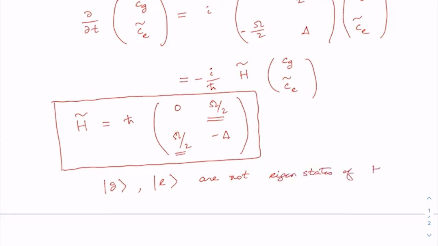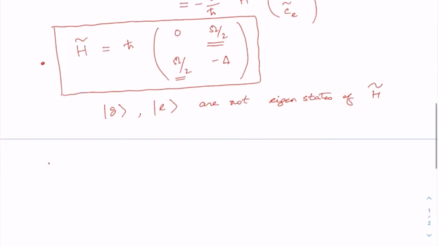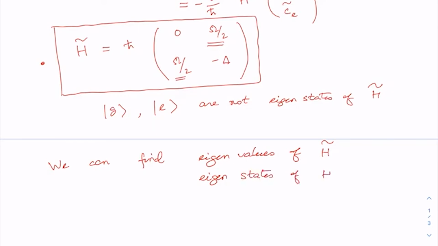of this Hamiltonian H tilde. But what we can still do is find the eigenvalues and eigenstates of this Hamiltonian H tilde.